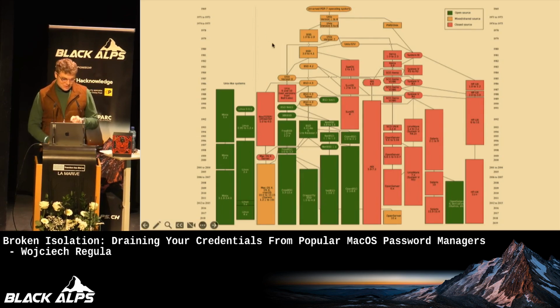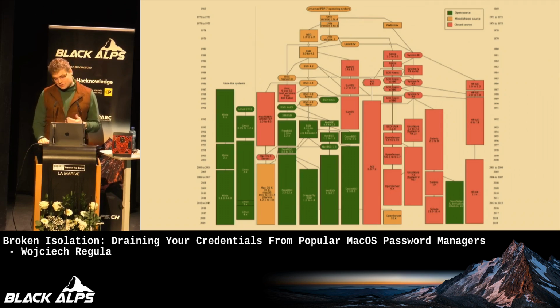But there is a more interesting thing, which is the NextStep parent, which has a totally different concept. It's not a Unix, it's not a POSIX system. The current version of macOS has a hybrid kernel, which has some parts taken from FreeBSD, but also has the microkernel taken from NextStep, which is called Mach.